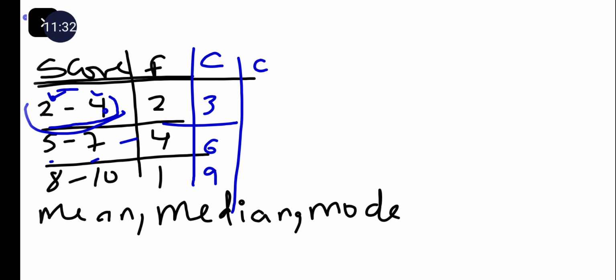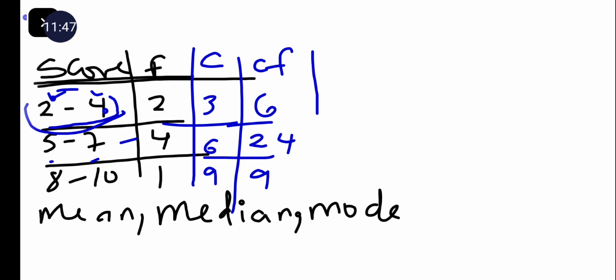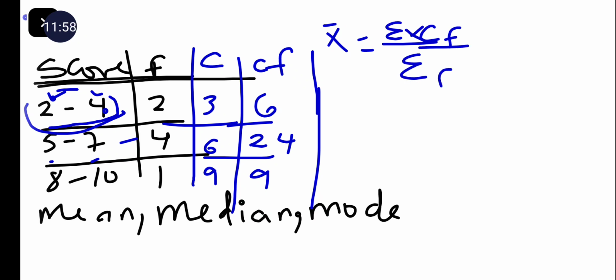So when you multiply by the frequency, you have CF. 3 times 2 is 6. 6 times 4, 24. 9 times 1, 9. This is our CF. So the mean, which can be represented by x bar, will simply be summation CF divided by summation F. This summation CF: 6 plus 24, 30, plus 9, 39.